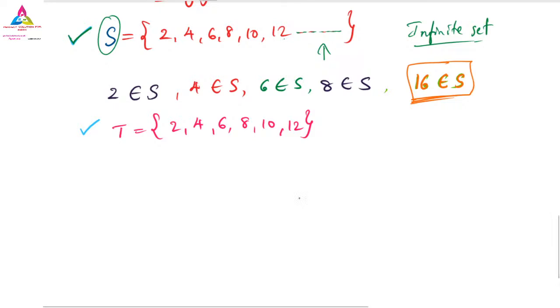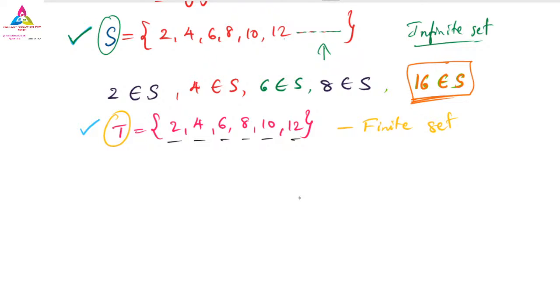But coming to T, you can see after 12 I have stopped at the 12, so it is a finite set. In a finite set we can find only the numbers 2, 4, 6, 8, 10 and 12. That's all. Further numbers we are not going to find. So it is called a finite set.